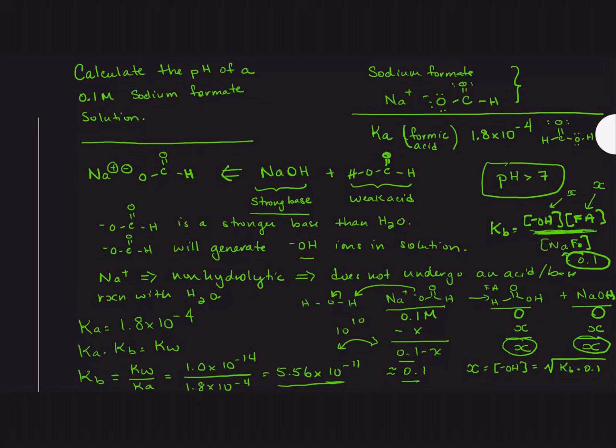This would be X squared equals Kb times 0.1. Hence, X, which is equal to the hydroxide ion concentration, is the square root of Kb times 0.1. So taking the square root of Kb times the base concentration will give us the hydroxide ion concentration for a sufficiently dilute base.